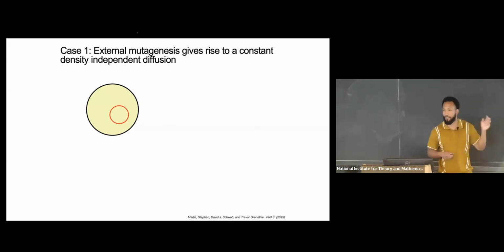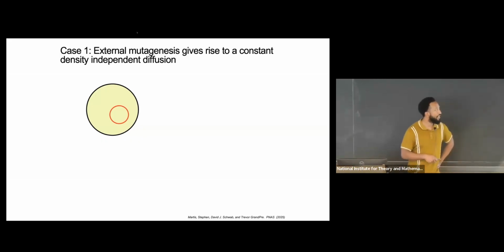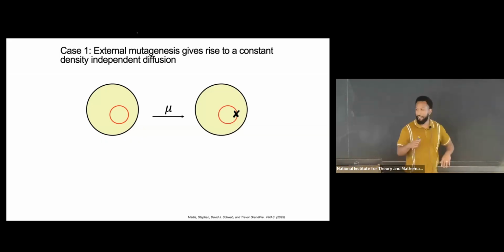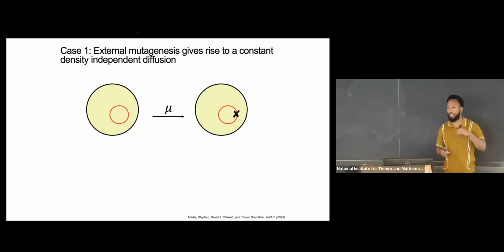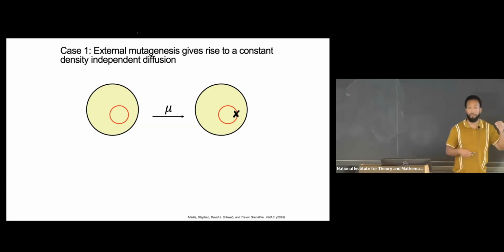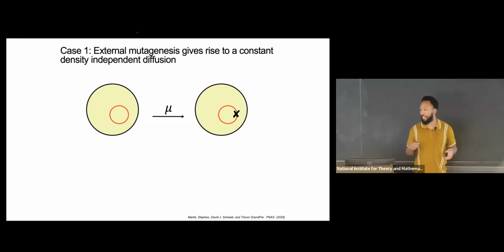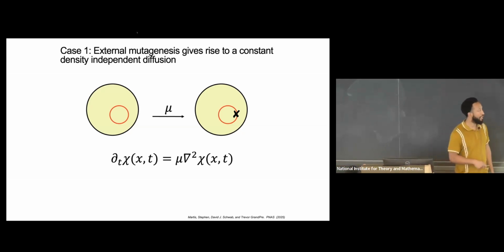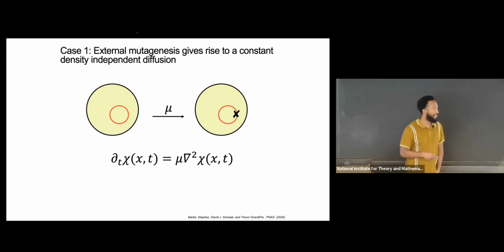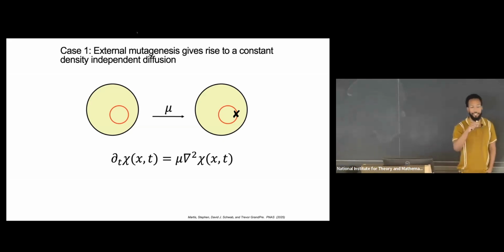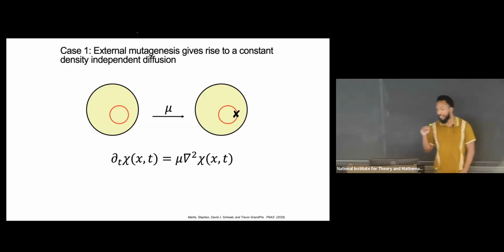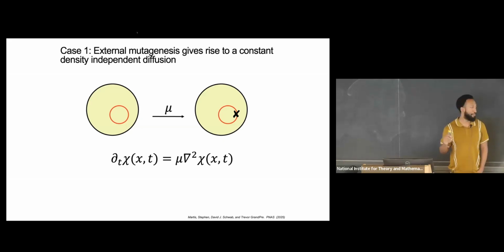Just first the mutations. External mutations can basically be represented as a constant rate. It's some constant rate that's proportional to the population that you'll have an external mutation, and you could just write this as a diffusion term with a rate mu. I will just say there's a caveat here. In the paper we talk about this caveat, but I felt it was not good enough to spend 5 minutes talking about.